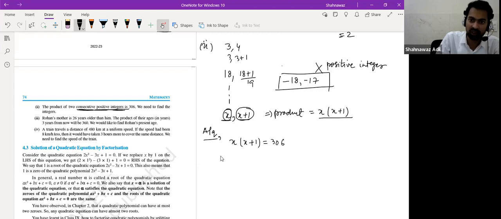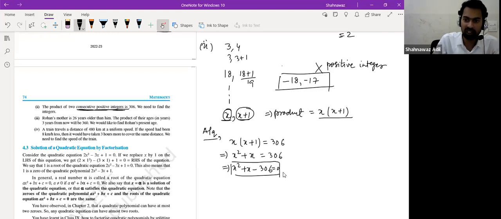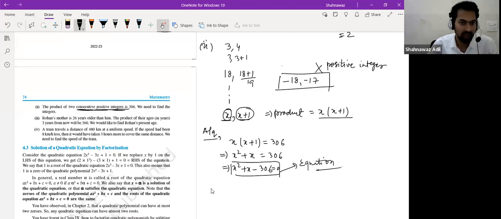So this would be x square plus x equals 306, so x square plus x minus 306 equals 0. This is the equation that they were asking for, right? Any doubt in this problem?